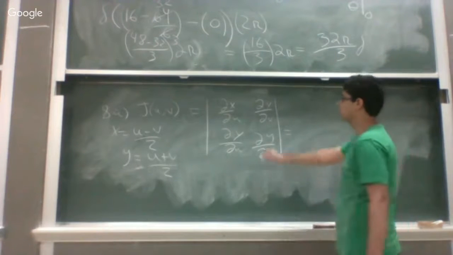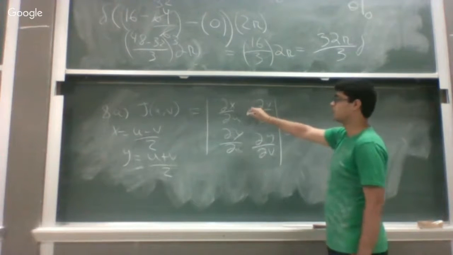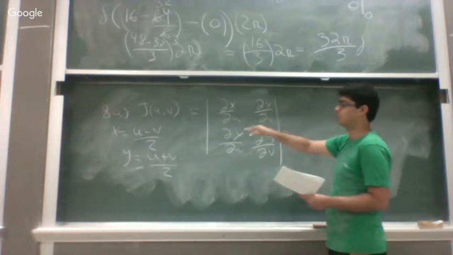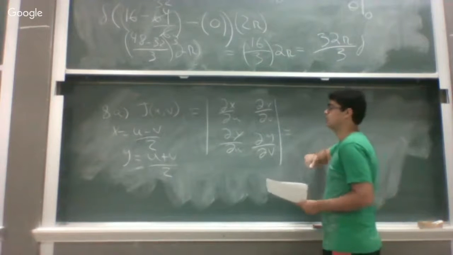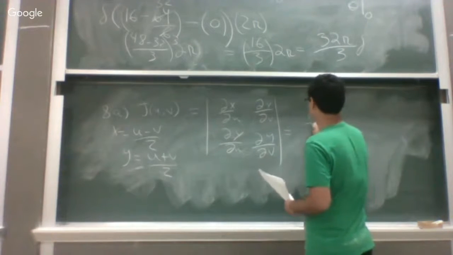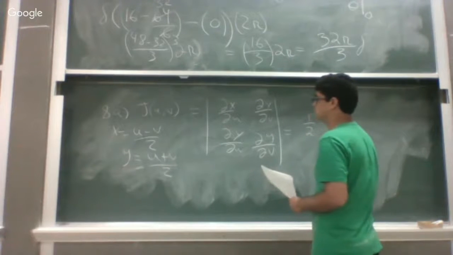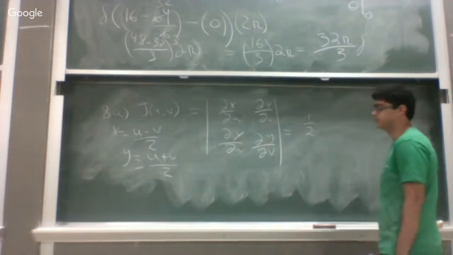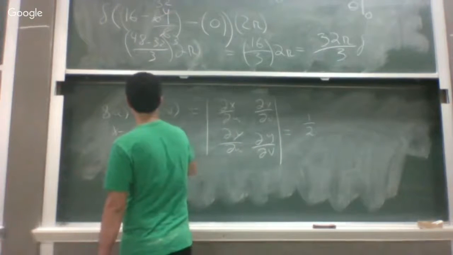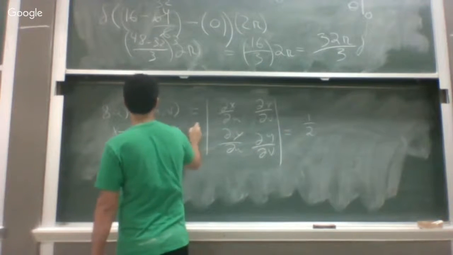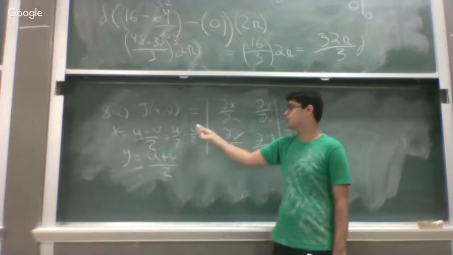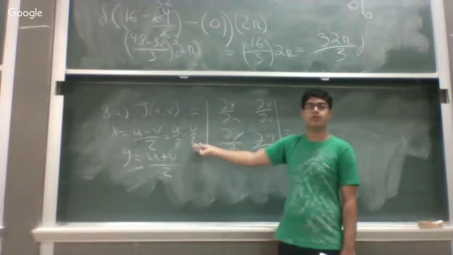So what is partial of x with respect to u? We keep v constant, right? Because this is equal to u over 2 minus v over 2. So this is a constant right here, so the derivative of that is 0.